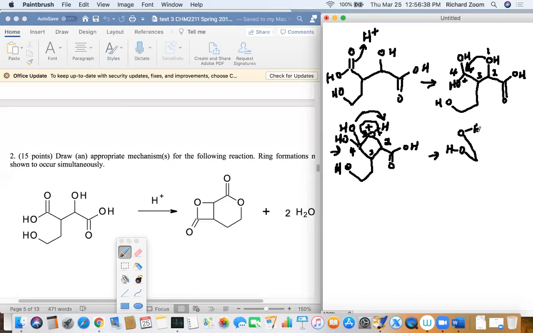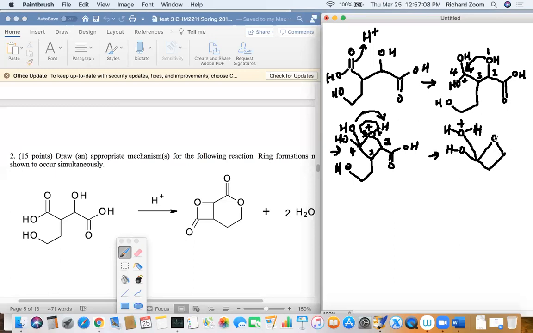Now you might be wondering, how do you know that this happens? Well, we know this happens because this dual OH grouping is what becomes the C double bond O, this business down here. That's what's going to form the C double bond O. So I know that one of these OHs has to leave. And if I want to make an OH leave, what I do is I protonate it.